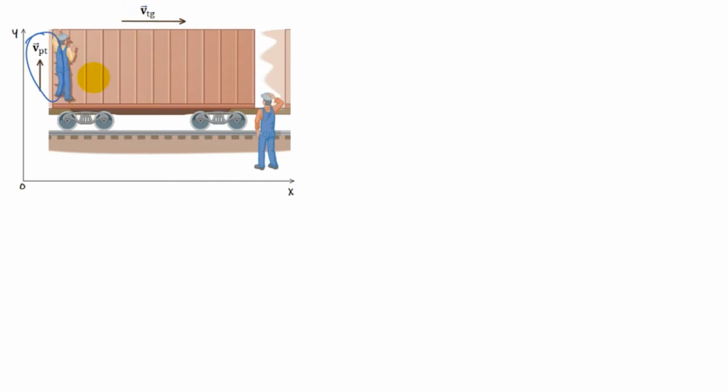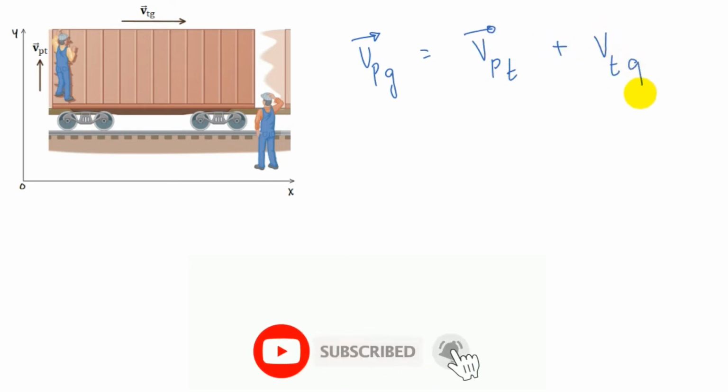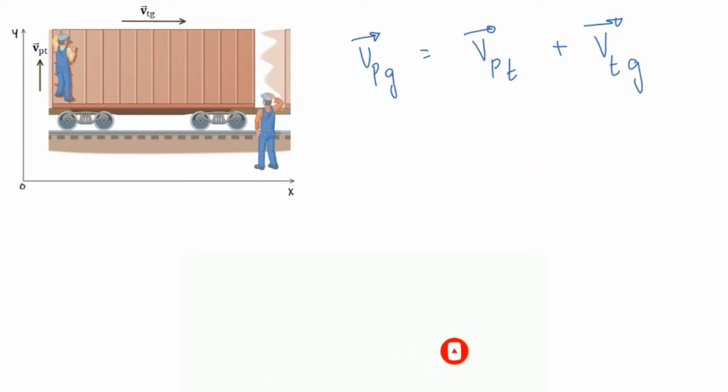Now here also we can write that the velocity of person with respect to ground will be the vector sum of velocity of person with respect to train plus the velocity of train with respect to ground. Here also this equation is valid. We can take some values also, like you can take that the speed of a person in vertical direction is 0.24 meter per second.